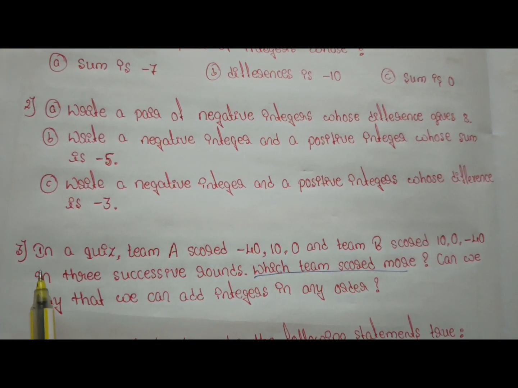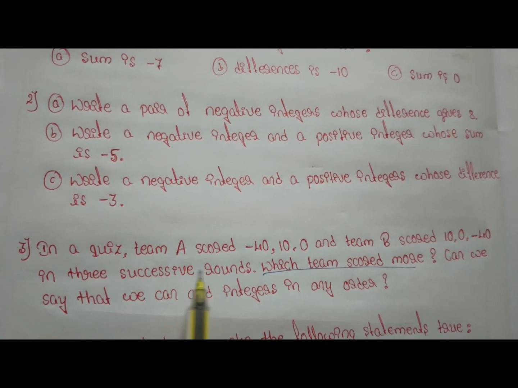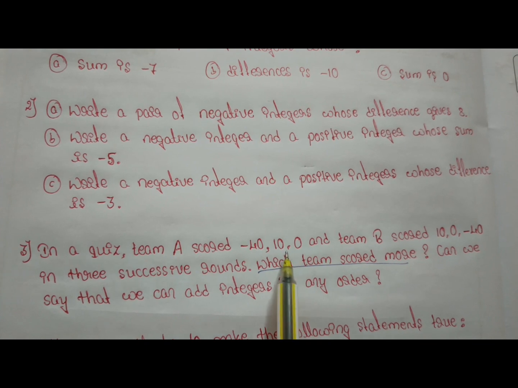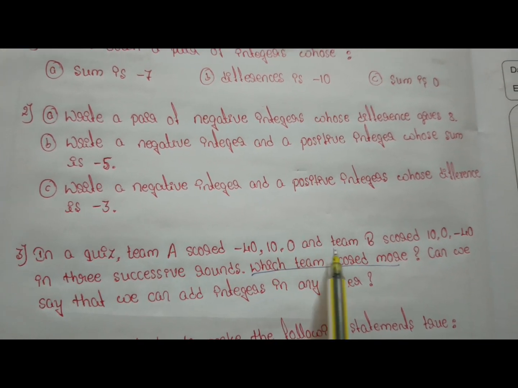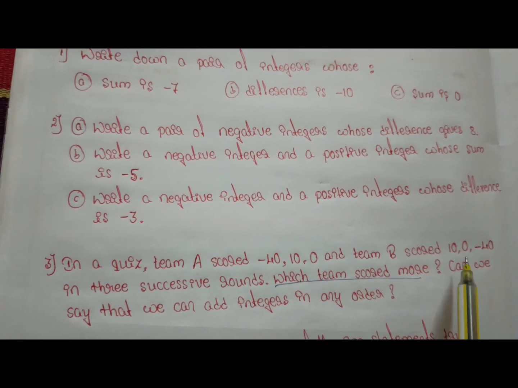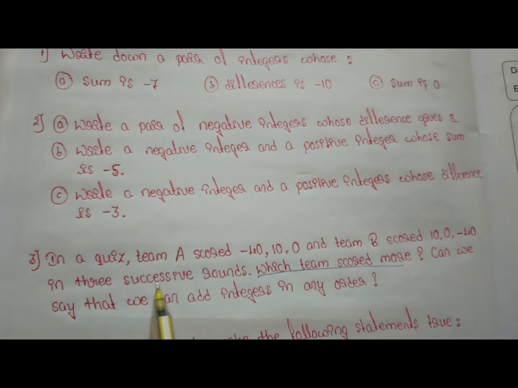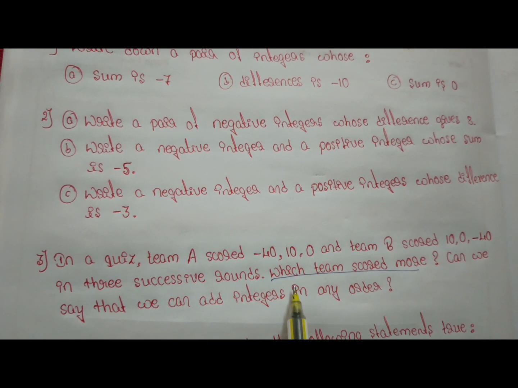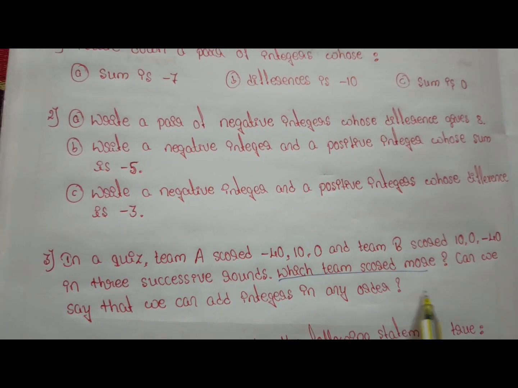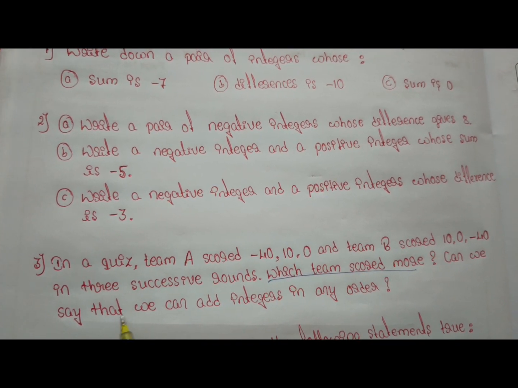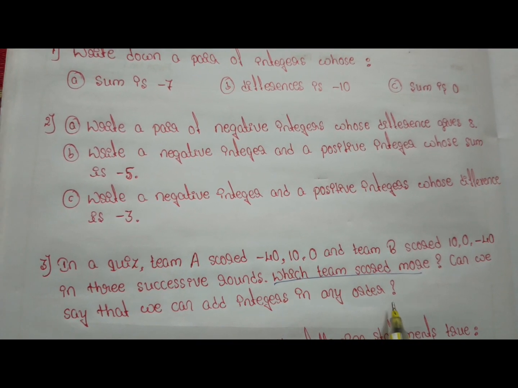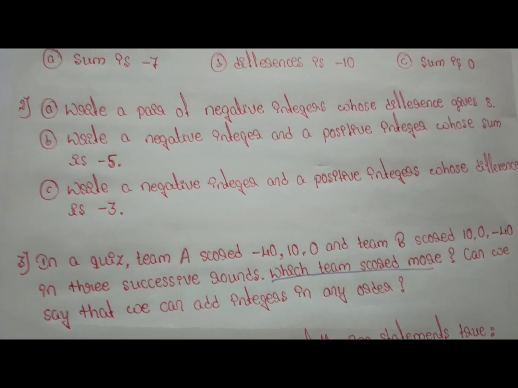Next, third question. In a quiz, team A scored -40, 10, 0 and team B scored 10, 0, -40 in 3 successive rounds. Which team scored more, and can we say that we can add integers in any order? We'll solve.